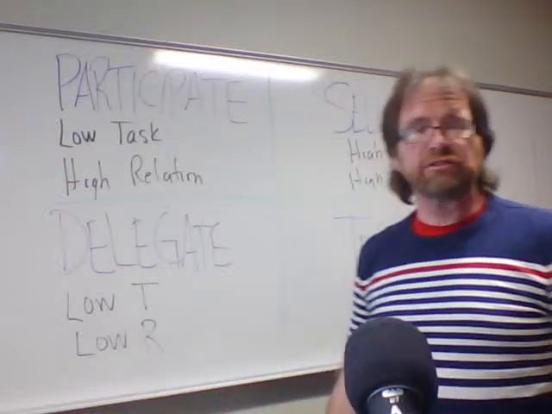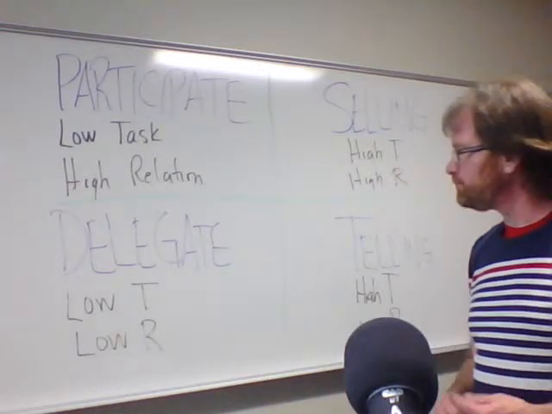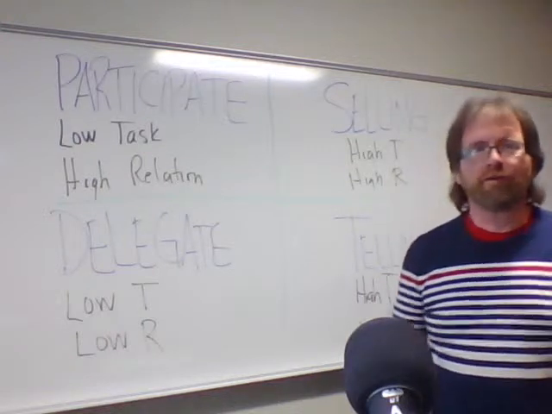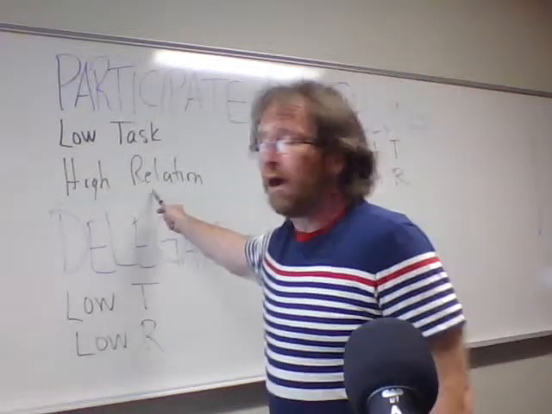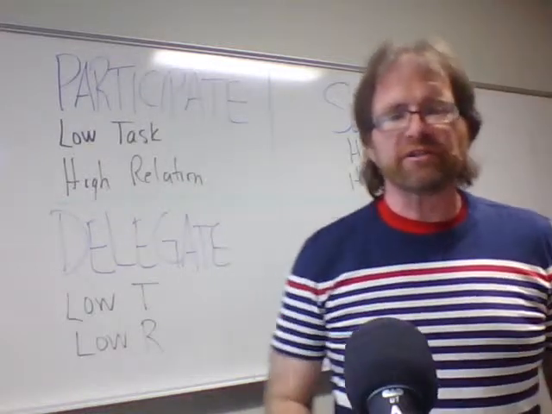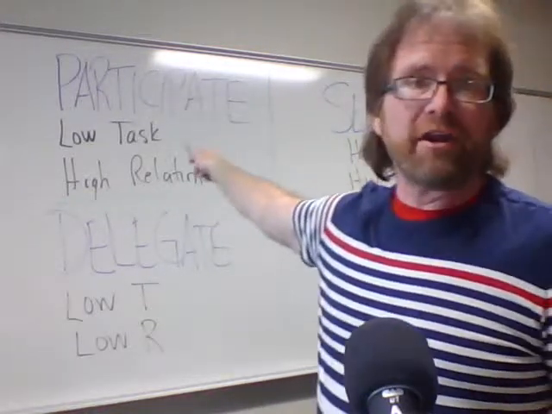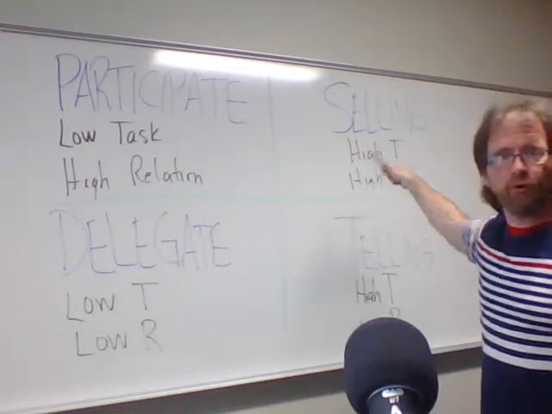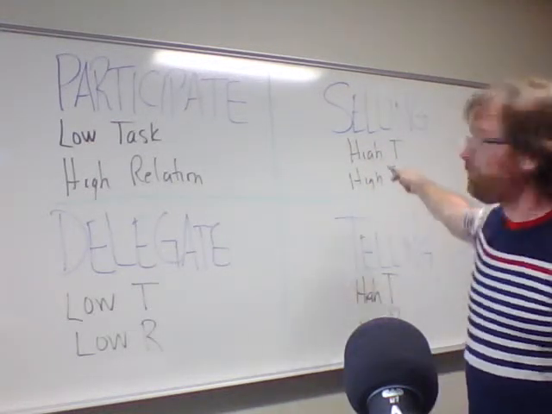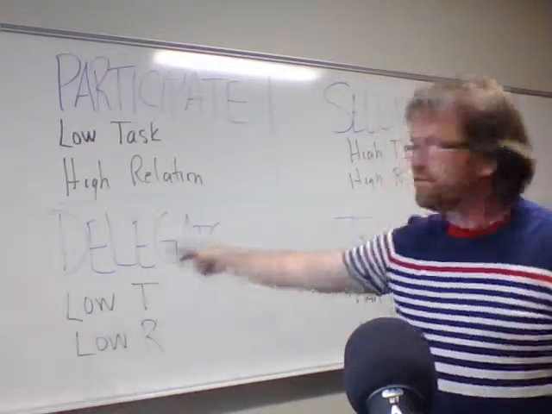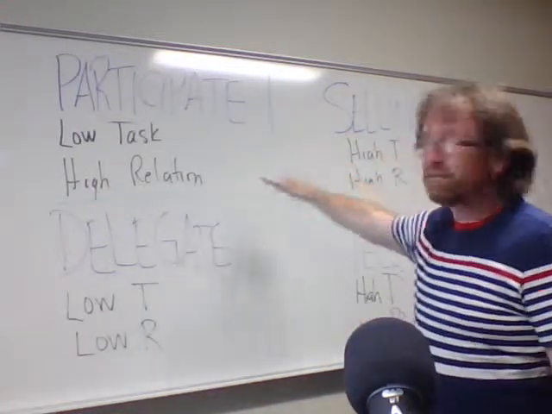Low task, low relationship. Key there is relationship. Low relationship will prevent dissatisfaction. High relationships will promote satisfaction and engagement. When your manager is working with you, when the manager has convinced you why it's important to do something, now you're buying into it. So, prevents dissatisfaction, promotes satisfaction.